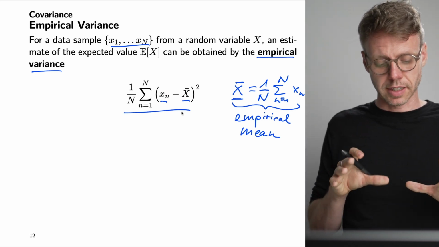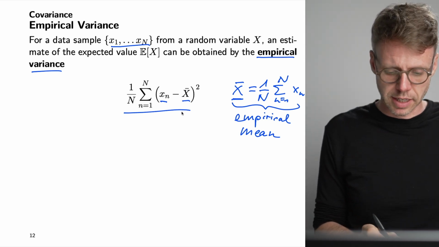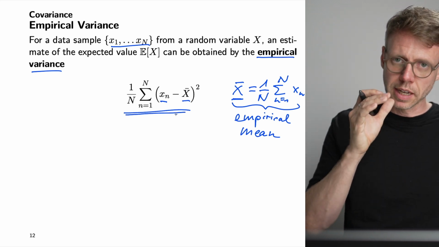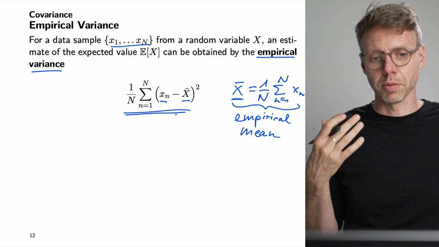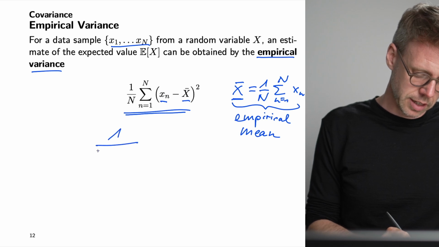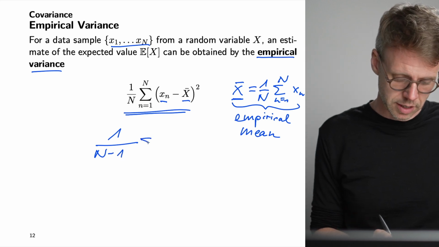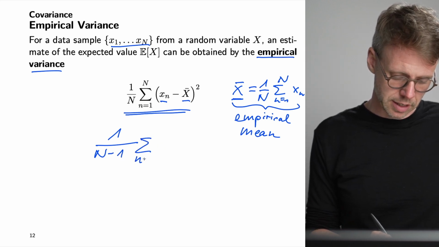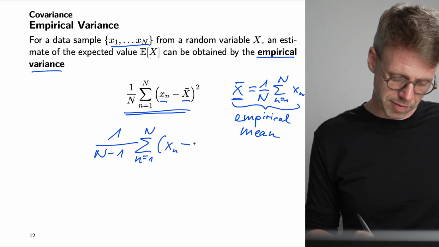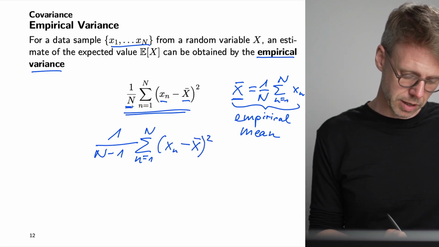Because of this, there is a small downward bias in the variance estimate. So the empirical variance tends to be slightly smaller than the real value on average. For that reason, there's also a second common estimate of the variance, which is the unbiased variance estimate, given by almost the same formula, just that instead of dividing by n, we're dividing by n minus 1.